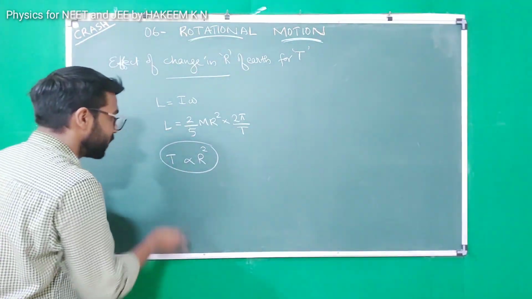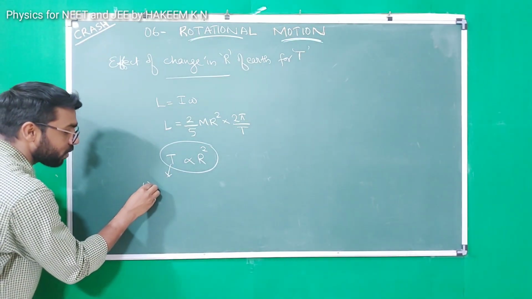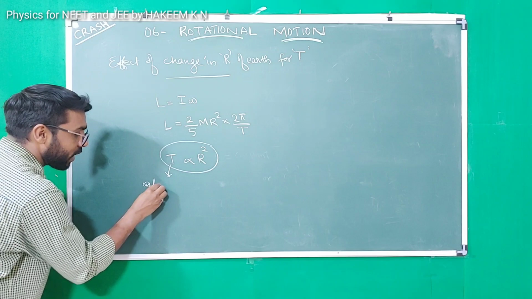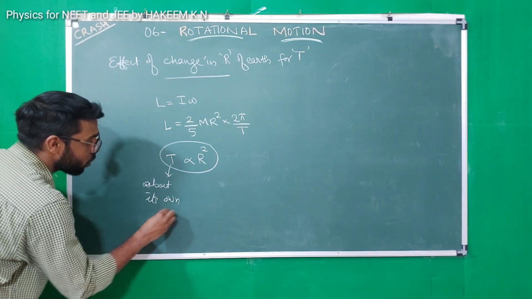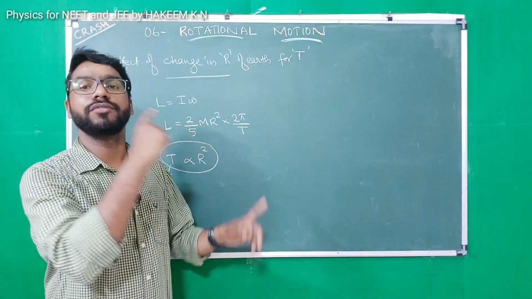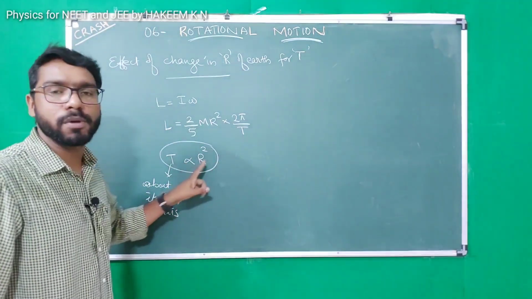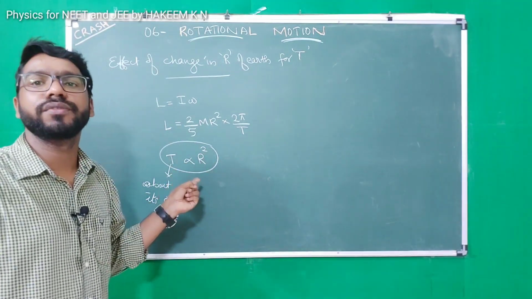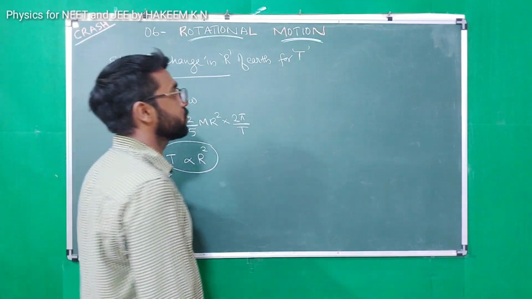Here I am discussing the time period of Earth about its own axis. The time period of Earth's rotation about its own axis is proportional to the square of the radius of Earth.